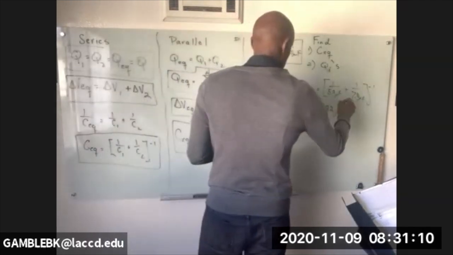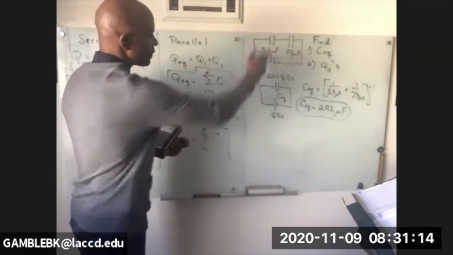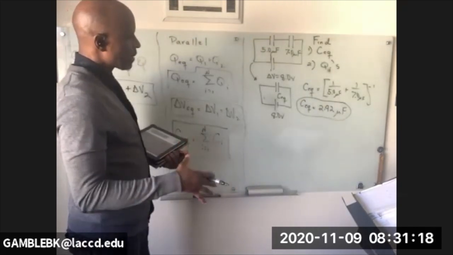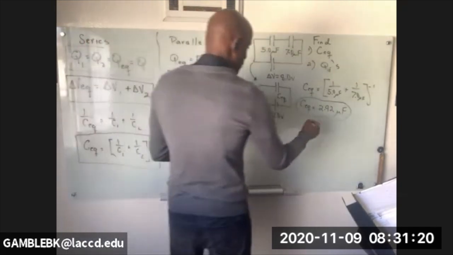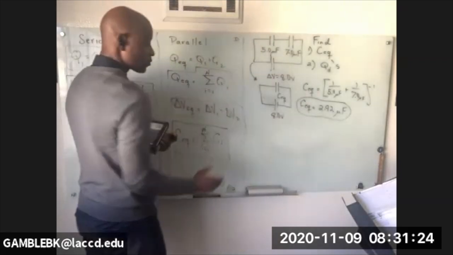So that's one solution. And now I have to get the charge on each of these initial capacitors. So now you have to work backwards. Remember, you're always using the charge, the voltage and the capacitance of this equivalent circuit.